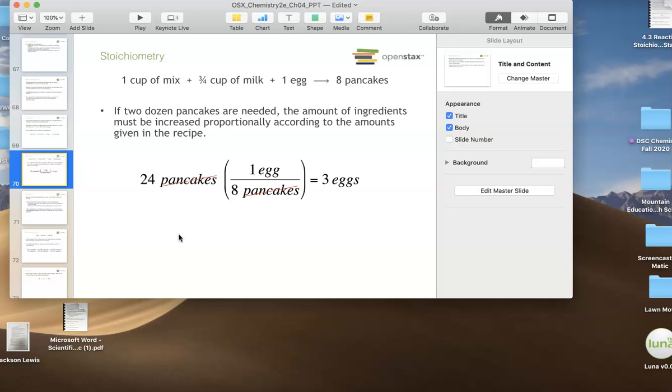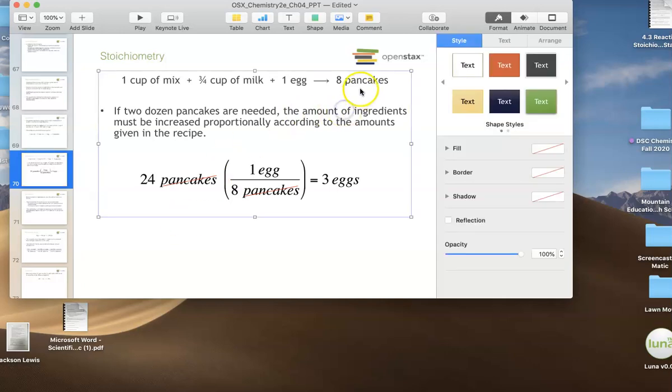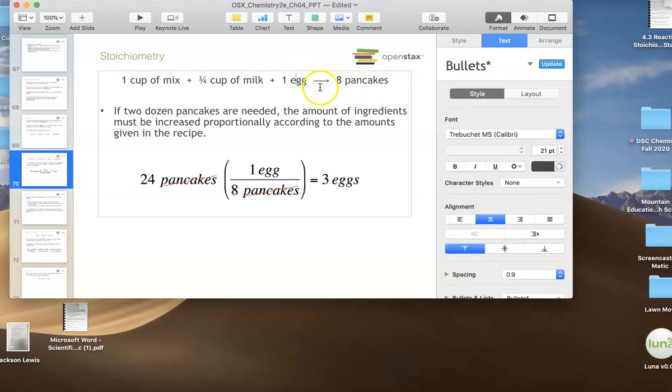So if we wanted to do some math here, say I don't need 8 pancakes. Say I needed 24 pancakes, or 2 dozen. How many eggs would I need? Well, I know for every 8 pancakes, I need 1 egg. So how do I figure that out?